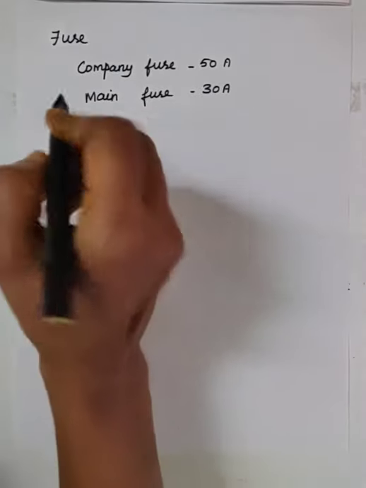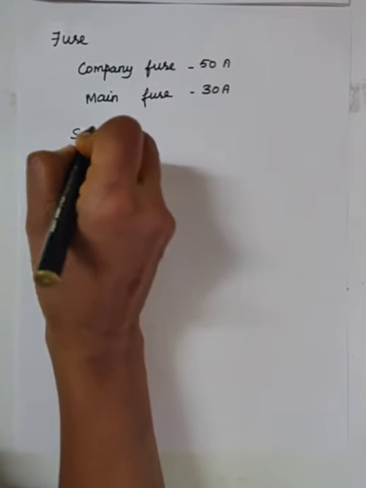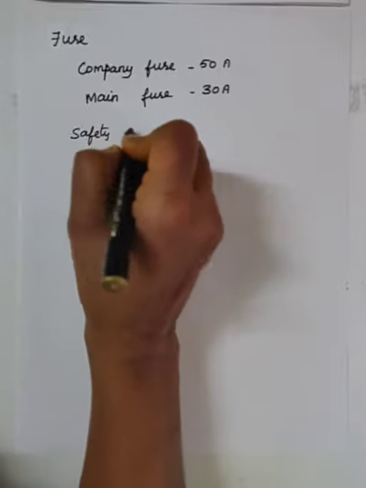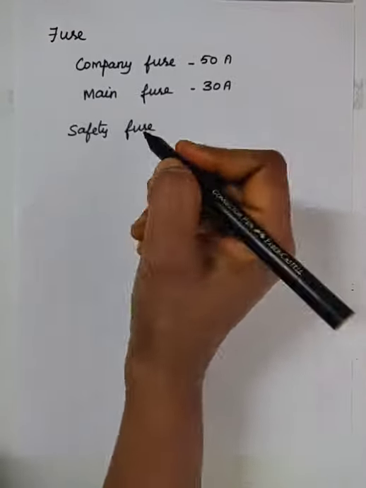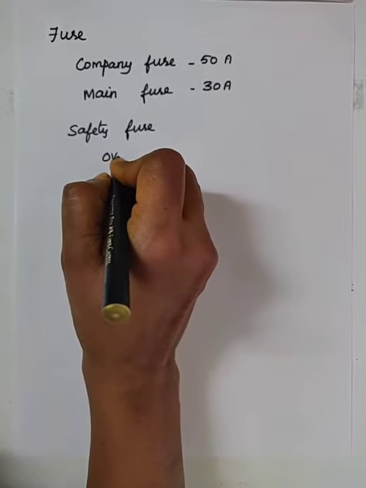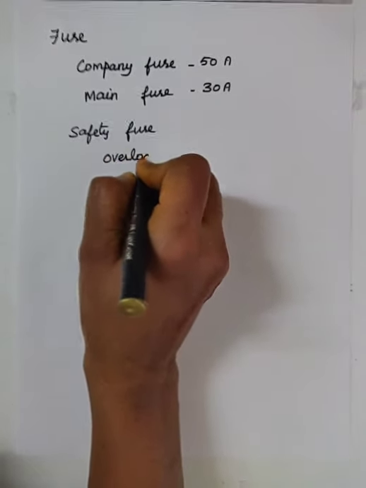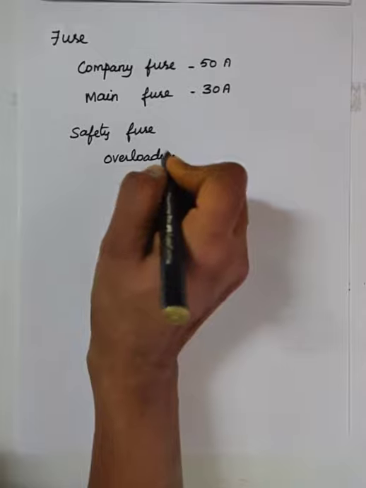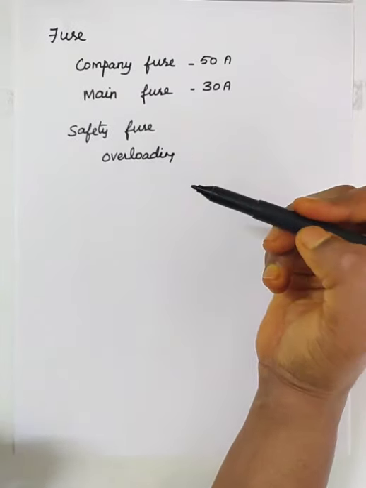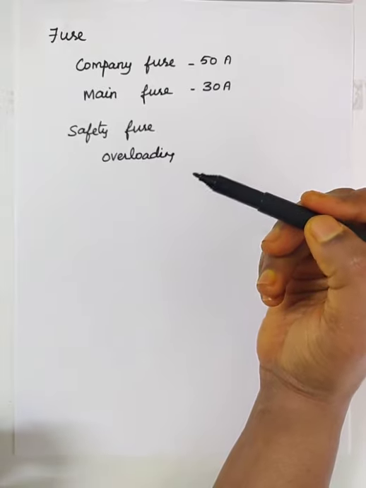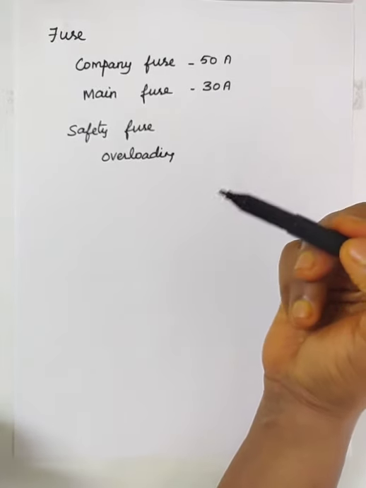So I can call the fuse a safety device. That is, when the current exceeds the permissible limit. The reason for exceeding the limit may be due to overloading. What is the meaning of overloading? The total power drawn from the circuit exceeds the power for which the connection is taken.